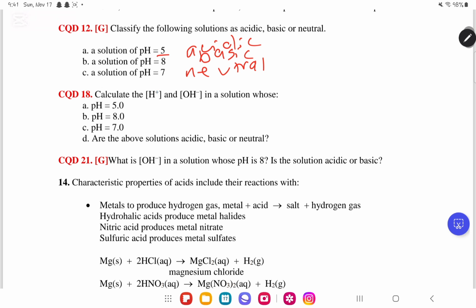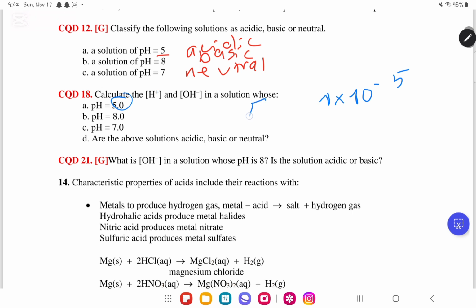They need us to calculate in CQD number 18 the concentration of H plus and the concentration of OH minus in a solution whose pH is 5. As we said, the relation between the pH and the concentration of H plus is always that you do 1 times 10 to the power of negative and then the number.